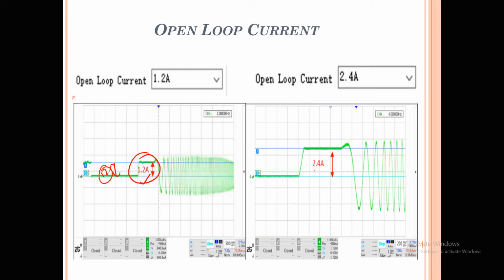In that case 2.4, as you can see, the amplitude of this one is higher compared to this one. So a higher value is always preferred for open loop consideration. In ceiling fan application, I always go with 1.6, in some cases 2 amps also, but 1.6 amps is always preferred. So try to prefer this one.